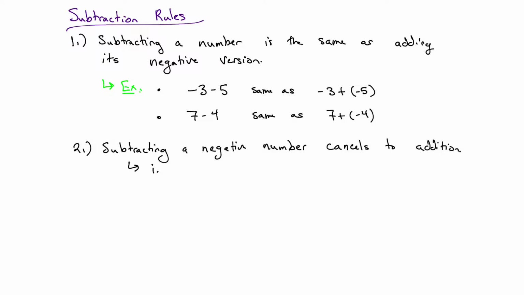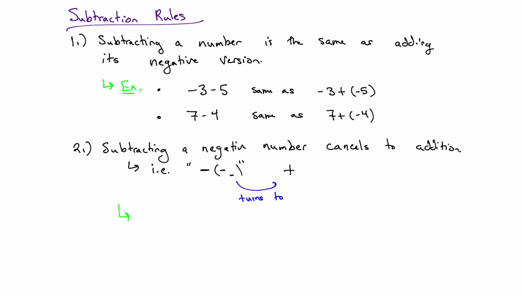I.e., if you have, and I'm going to put this in quotation marks, minus and then parentheses another minus and then a number, that becomes addition. Let me actually write that a little bit better. This turns to just addition. And you'll see what I mean in just a second.